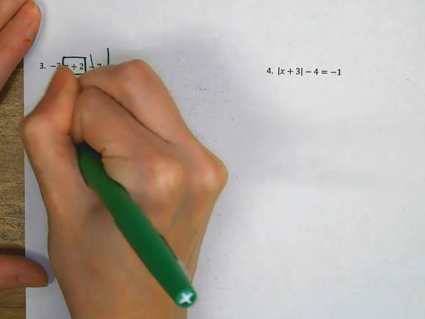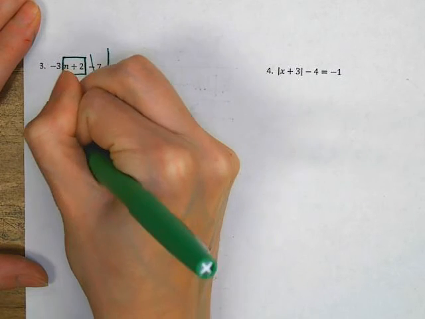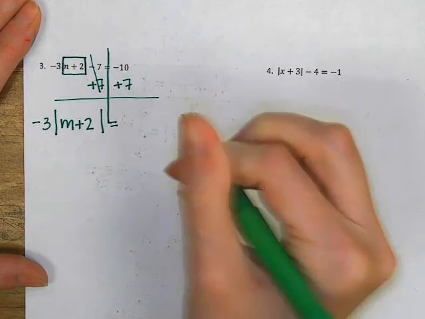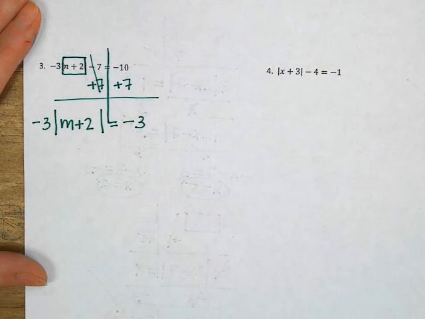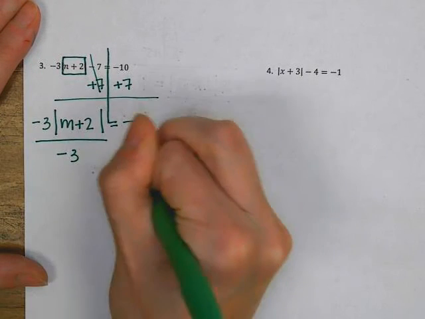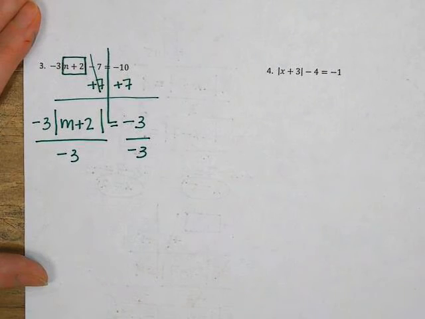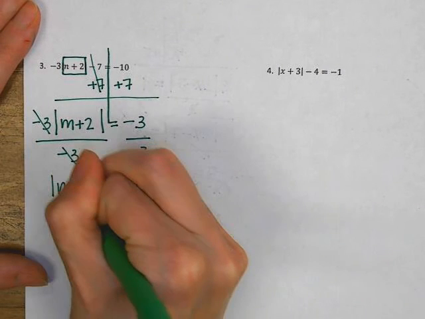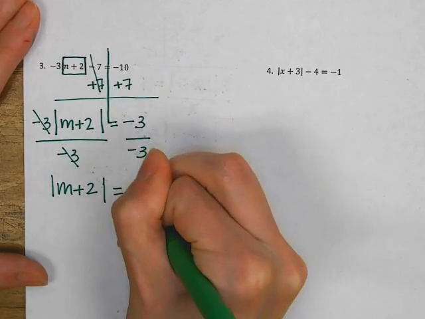We get negative 3, absolute value of m plus 2 equals negative 3. That might be an n, whatever. I'm just going to call it m. And then to finish isolating, we need to divide by negative 3, divide by negative 3, and let's see what we get isolated. Absolute value of m plus 2 equals positive 1.